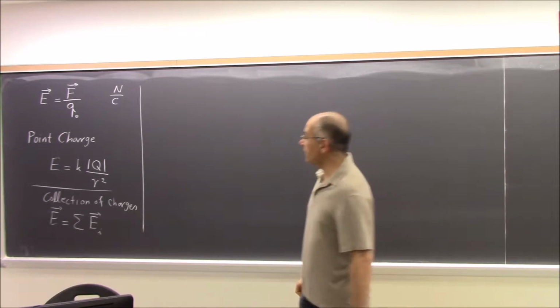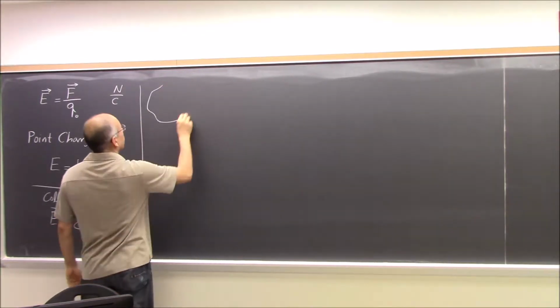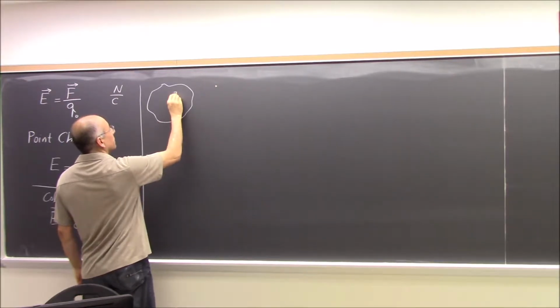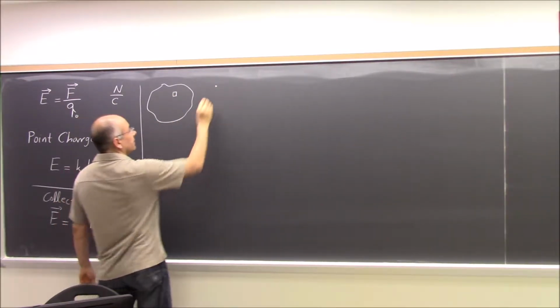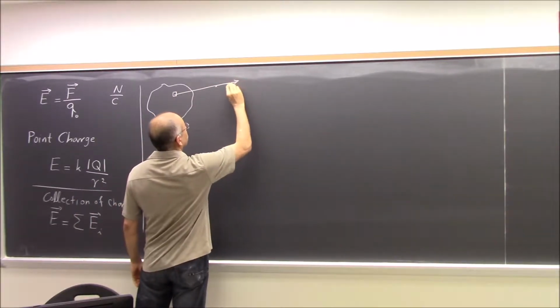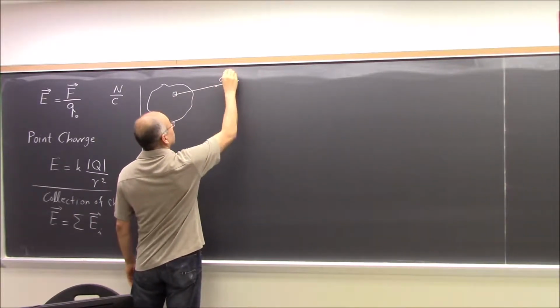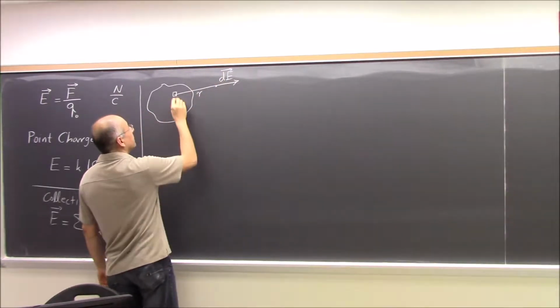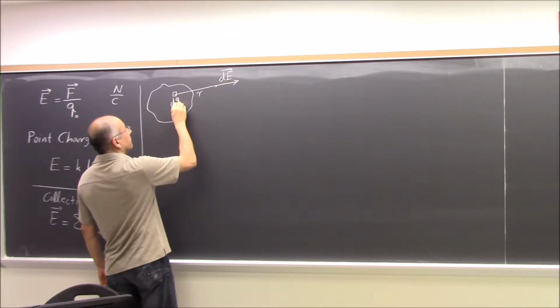And then we said that if you have a charge distribution and you want to find the electric field at any point, you take a small piece of that and calculate the electric field of that small piece, which is dE, with the distance r and the charge dq.